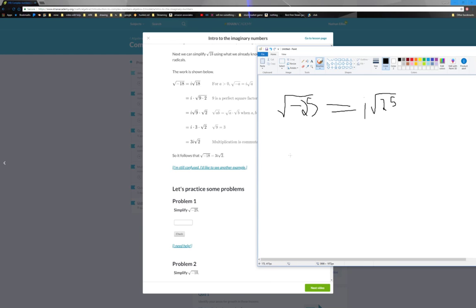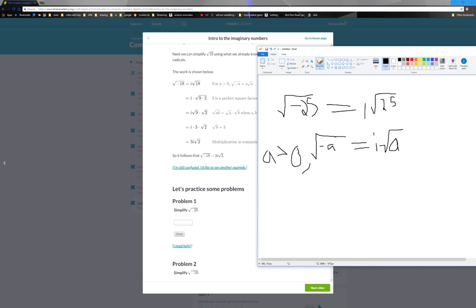And we know this because the original formula is, if a is greater than 0, then the square root of negative a equals i times the square root of a.